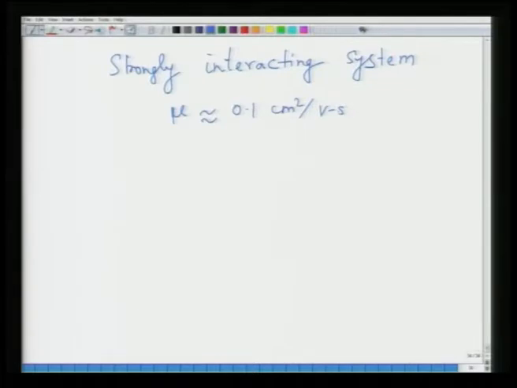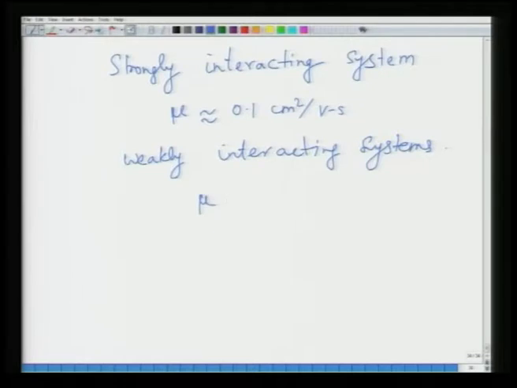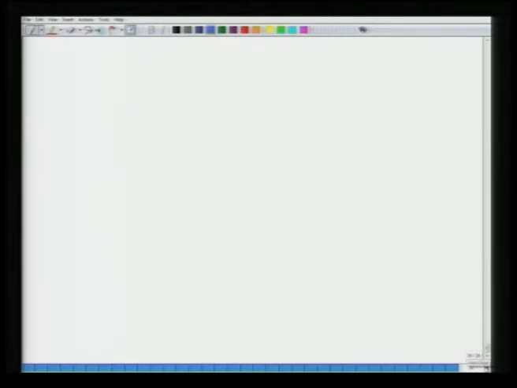And in case of weakly interacting systems, where polaron interaction is weaker, the mu's can be of the order of 100 to 1000 centimeter square per volt seconds.